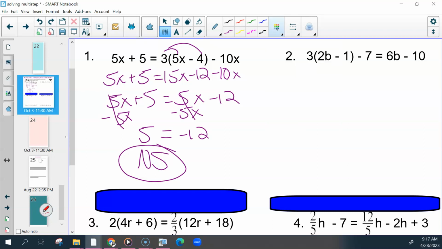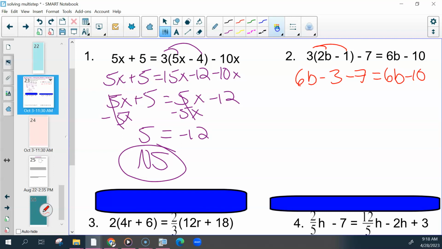How would we start number 2? Distribute again. 6b minus 3 minus 7 equals 6b minus 10. What would we do next? Subtract 7.